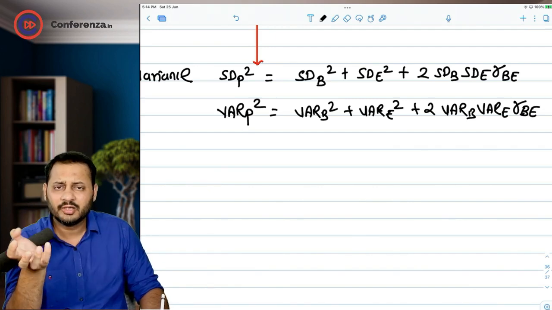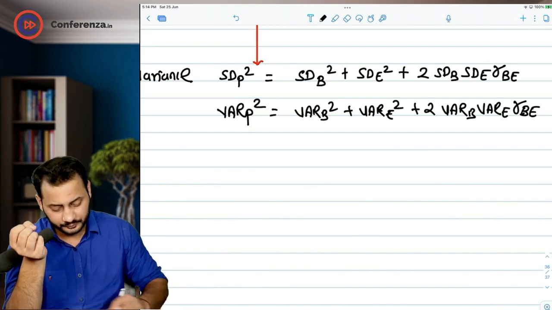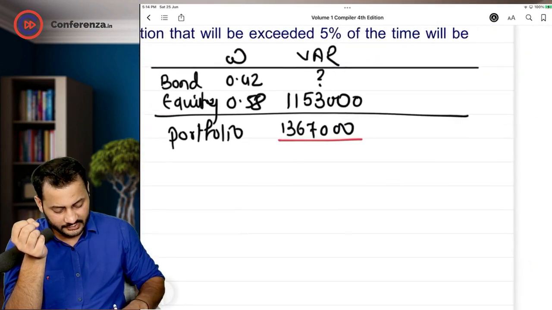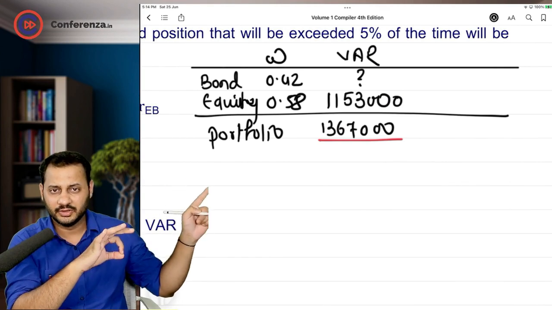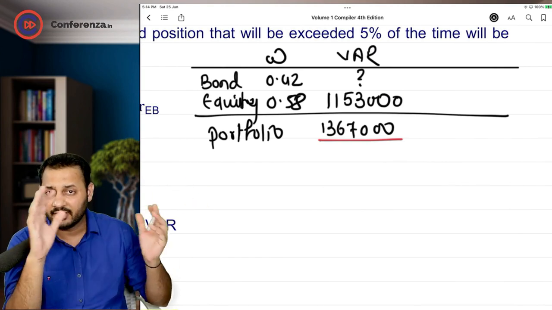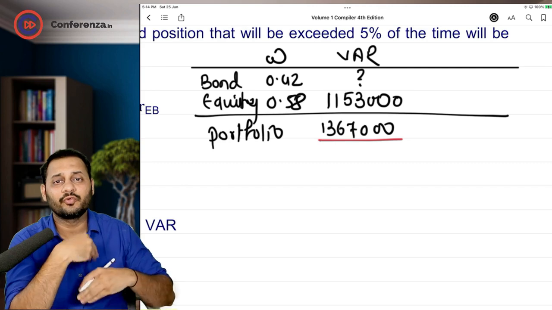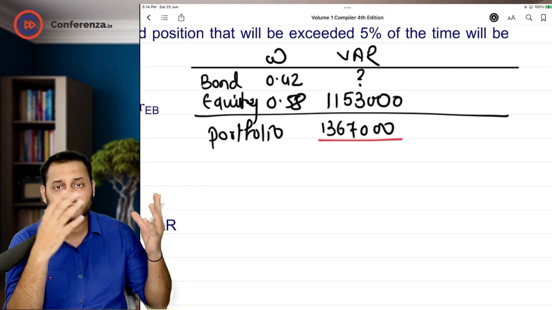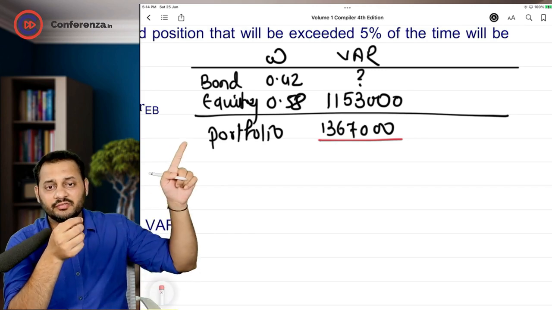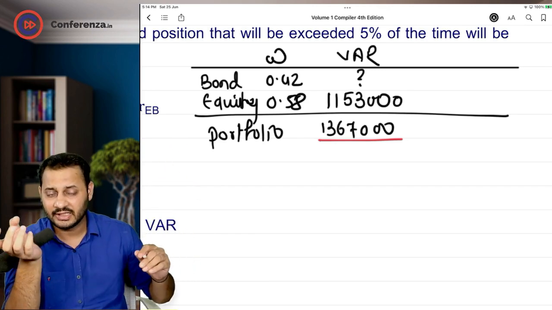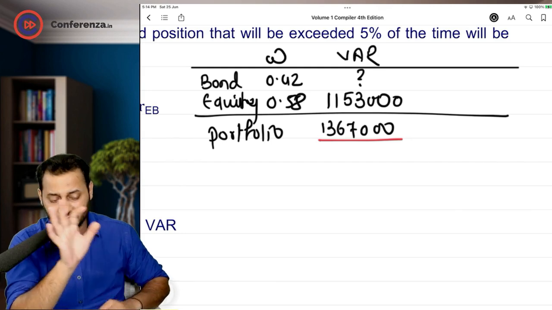Now let's start putting figures in here. The very first figure is the portfolio VAR, which is given to us, 1367000. We cannot put the entire figure, as if we are going to square it, it is going to give us a large number to write on the paper. So instead of this, we will take the figures in millions, and that will be 1.367.